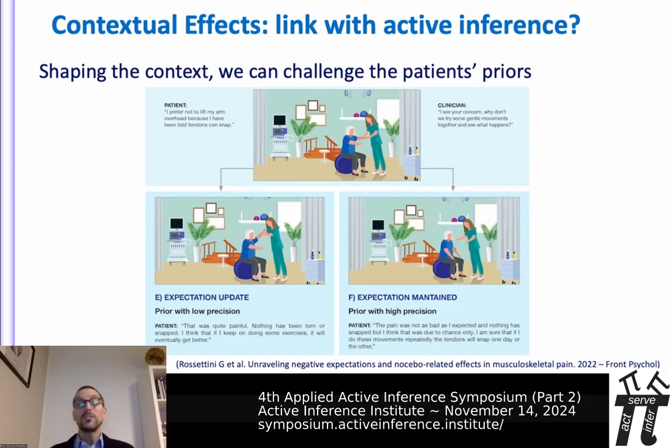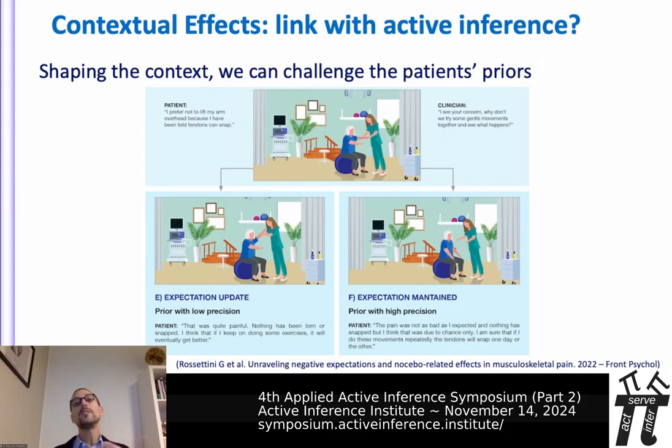Another possible scenario is represented by the expectation violation followed by the maintenance of the dysfunctional beliefs, as the consequence of having a highly precise prior, which is considered really reliable, and therefore the newly acquired information and this disconfirmatory evidence is not sufficient to disprove and update such a strong prior.